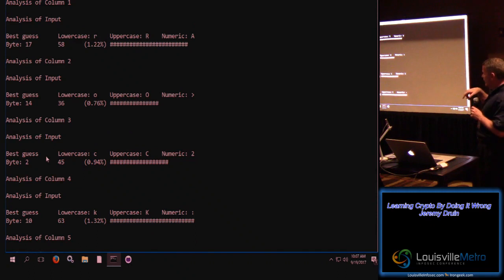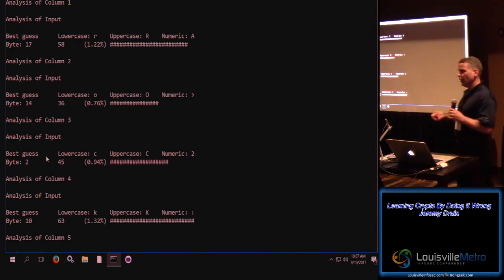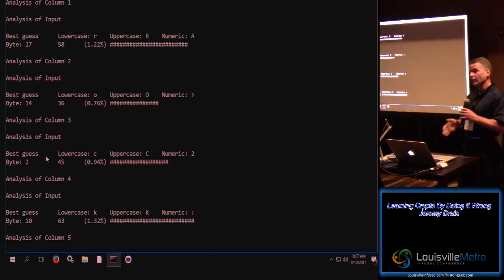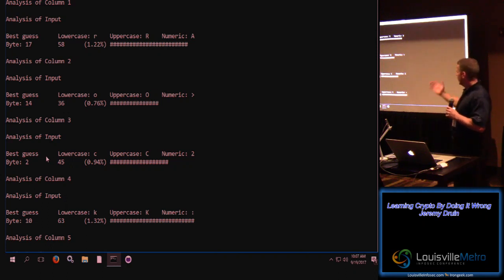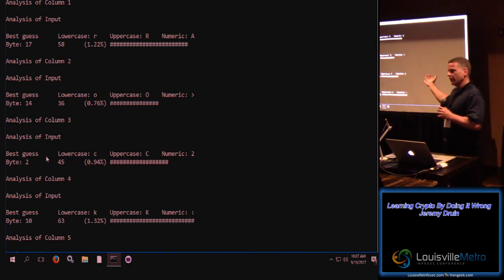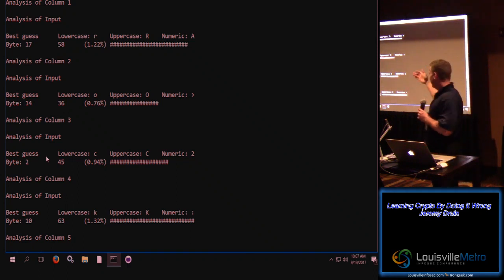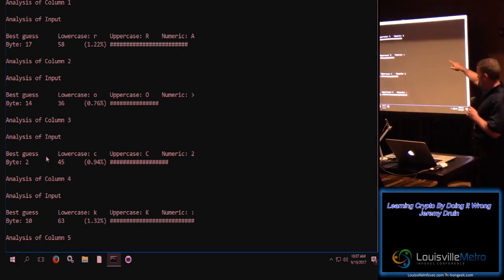It says the byte 17 was by far the most popular in our file for the first column, so the computer says, well, I'll just subtract 0 from that. It's probably right. And it gives us the letter R. Then byte 14 is by far the most popular for the second column, and so it says, I'll just guess that that's an O. And it repeats this process for all 8 columns.